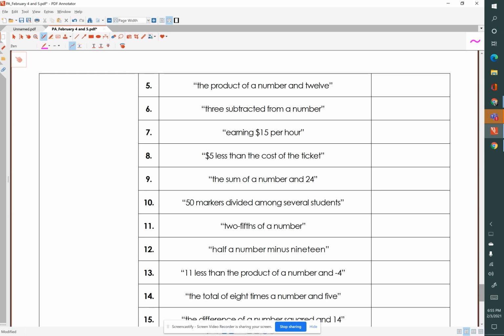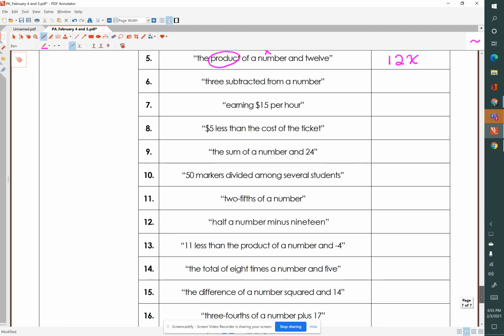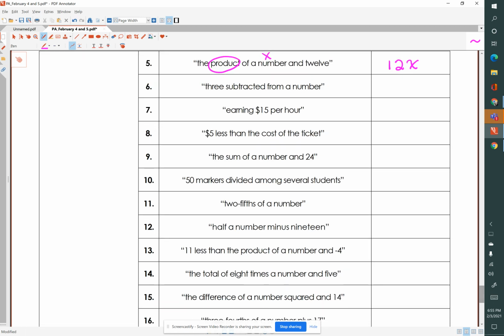Now, if we say the product of a number and 12, that means we multiply, and the number is x. So the product of a number and 12 is 12x, and we generally put the integer in front of the variable, and then this becomes our coefficient. The 12 in this case is a coefficient.